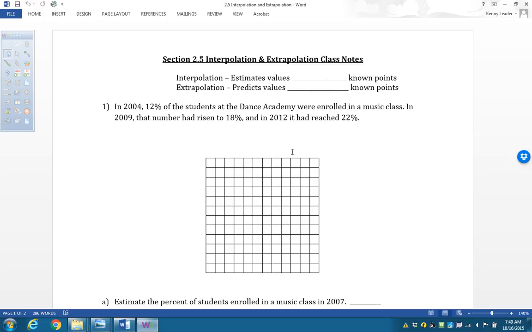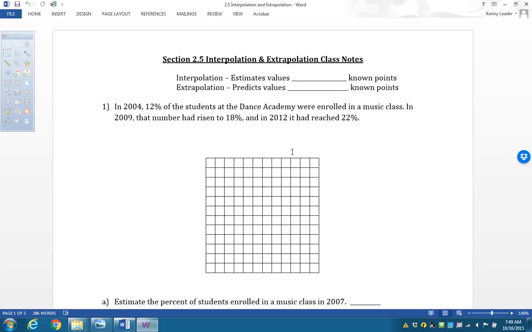Extrapolation is when you go beyond, okay? So say, for example, growth rates. When I was in college here many, many years ago, there were only like 10,000 people in Louisville. Now, do you know what the population is?